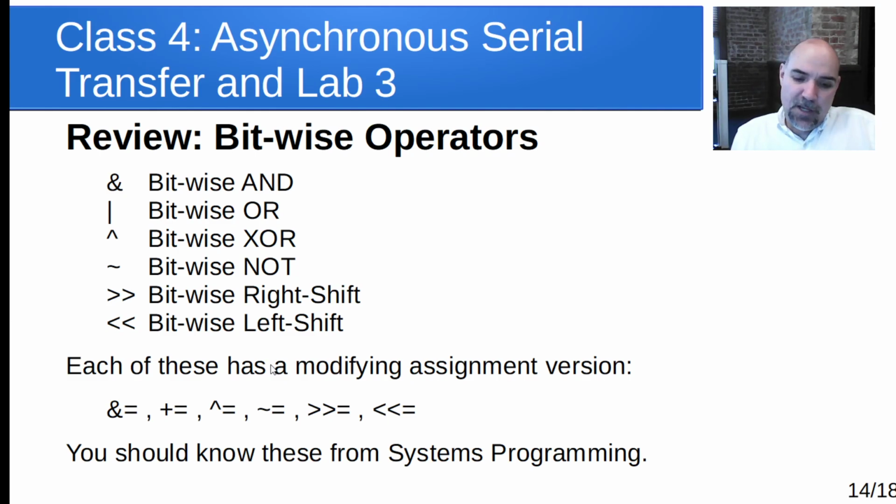And one of the things that we cover in there is the kind of low-level bitwise operators that are available to us. And here is the set of them here. There's 6 bitwise operators here: bitwise AND, bitwise OR, bitwise XOR, bitwise NOT, and then shift right, shift left. And then each of those has a modifying assignment version of it as well. Bitwise AND equal. That should be OR equal there.